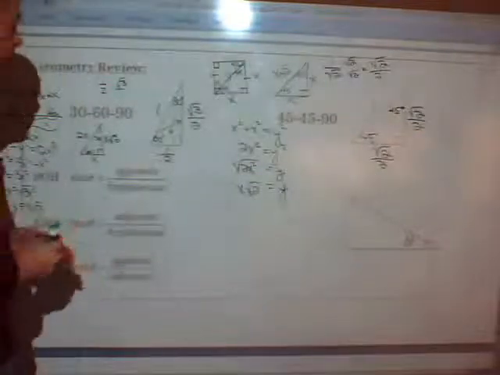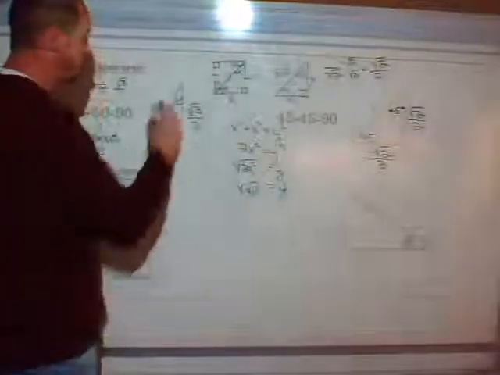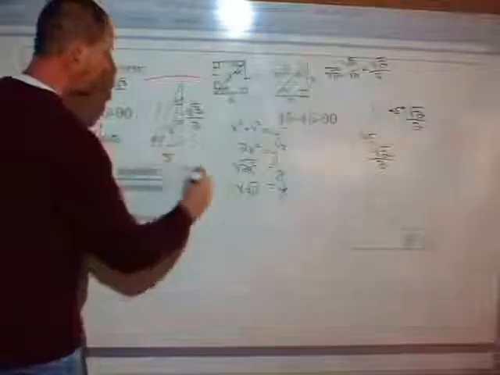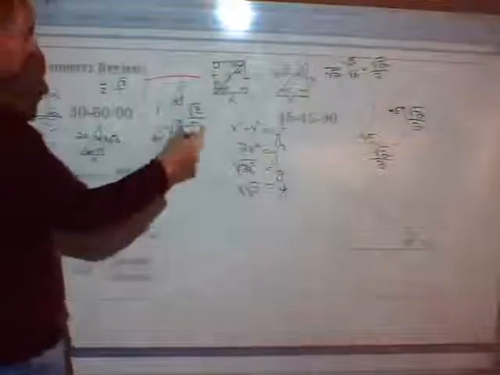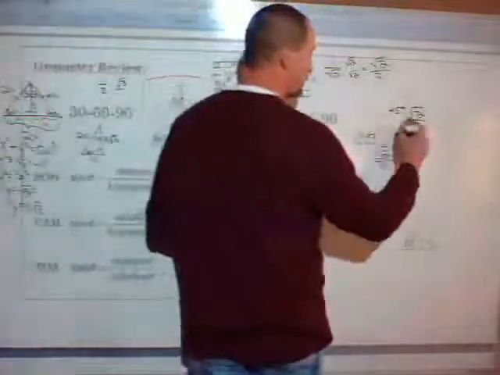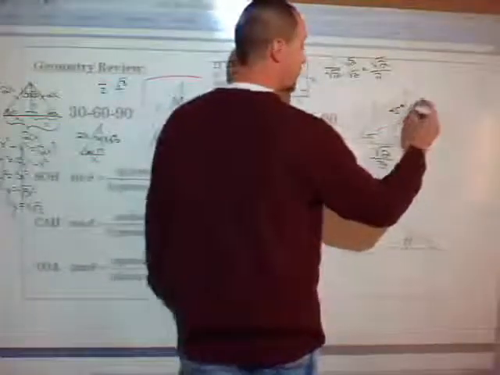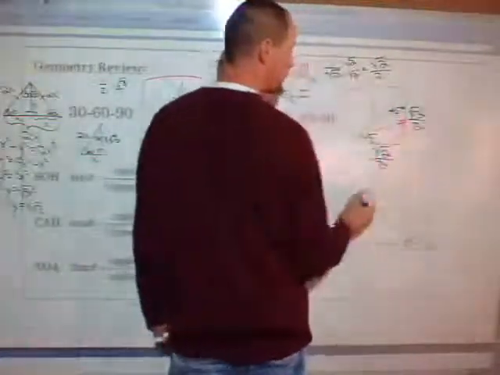Okay? So you really, really, really, and I can't say that enough, need to make sure that from all of this, you know that across from a 30 is a half, across from 60 is square root of 3 over 2. On this one, across from 45-degree angles is square root of 2 over 2.